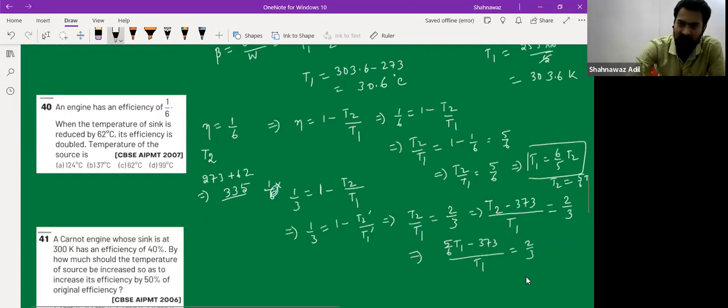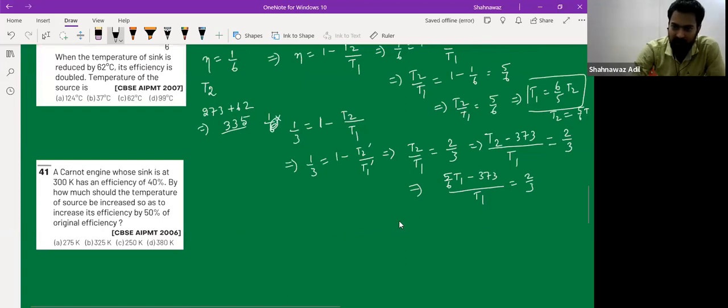So this would be how much? So this would be 5 by 6 minus 373 by T1, and then 2 by 3. Right, so this would be minus 373 by T1, and then 2 by 3 minus 5 by 6.